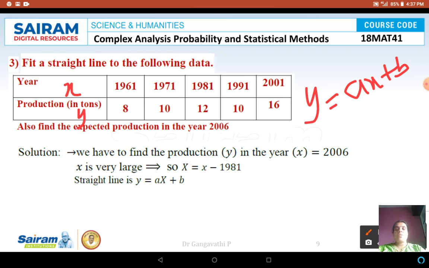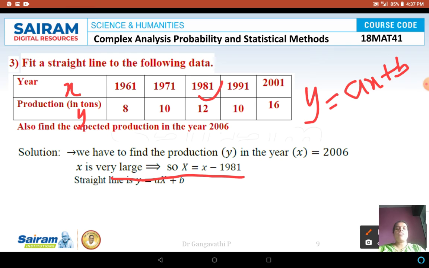So the x values are 1961, 1971. They are big, and when we do the sum of values of x and x square and all, it becomes still more big. Just to avoid that confusion, we can go for a small modification. Let us consider capital X, which is x minus 1981.